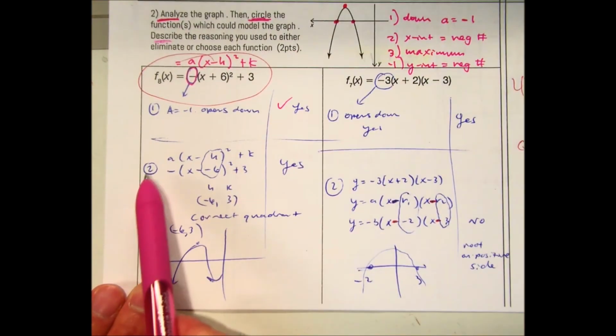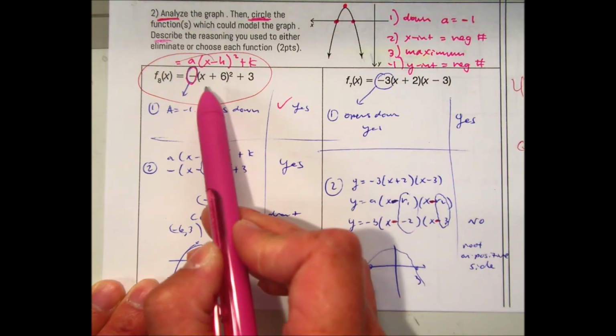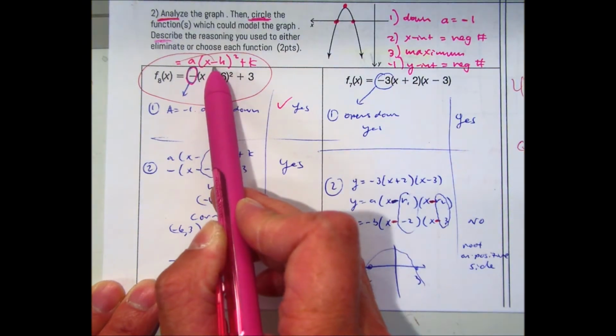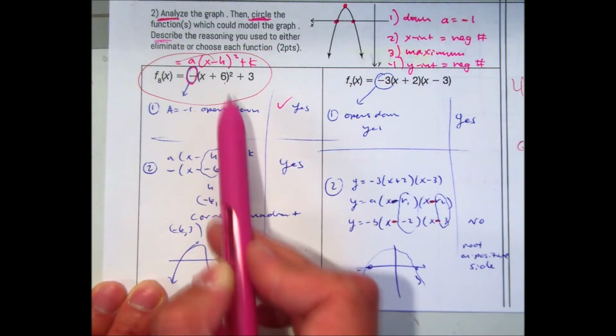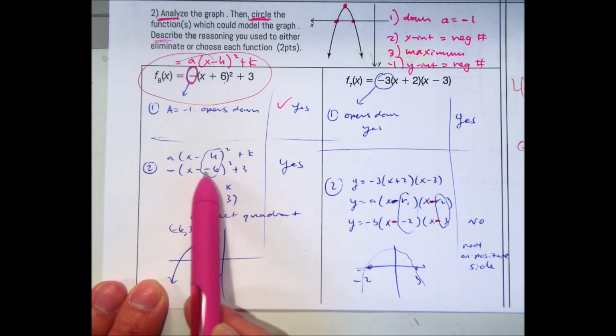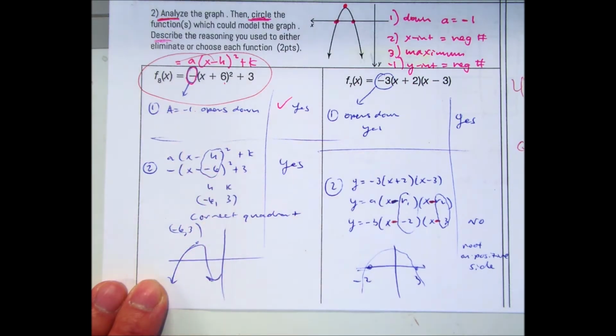Now, if I change this, notice how this has plus 6 and the formula has minus h. I change the positive 6 to a negative 6. X minus negative 6 is the same thing as saying x plus 6. There's your mortal enemy.